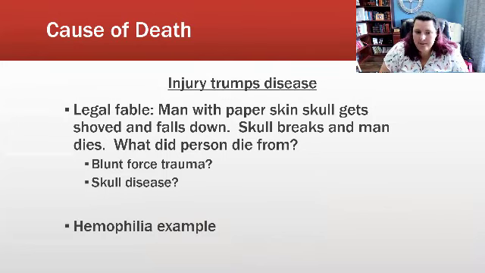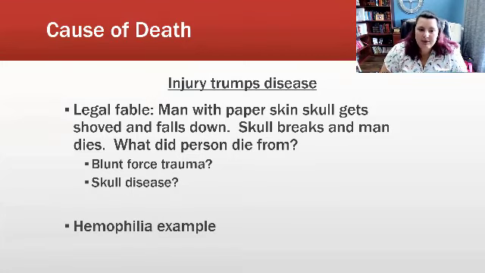For example, a common legal fable is about a man with a birth defect that causes him to have a paper-thin skull. This man gets knocked aside and falls down. That force is enough to break his skull and instantly kills him. On a normal, healthy person, the force would have only bruised the individual and would not have resulted in death.